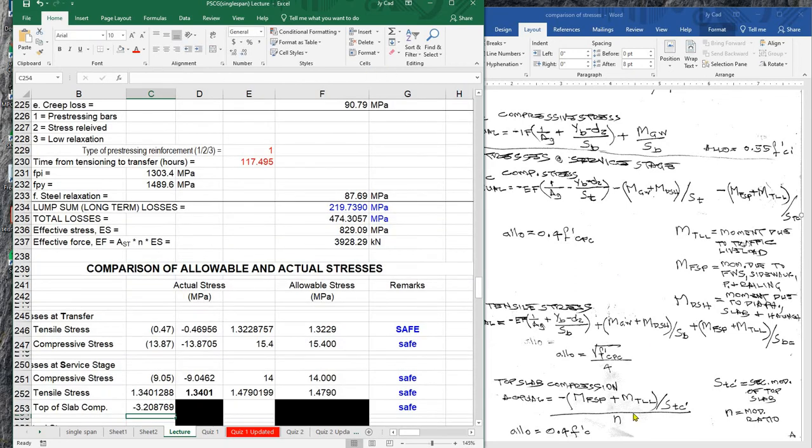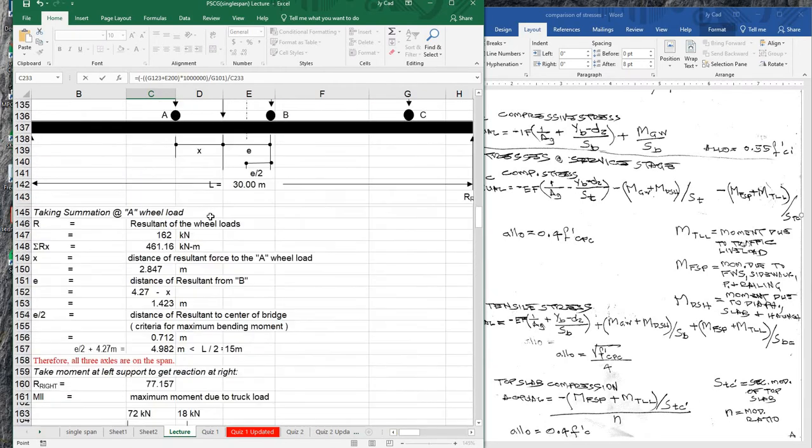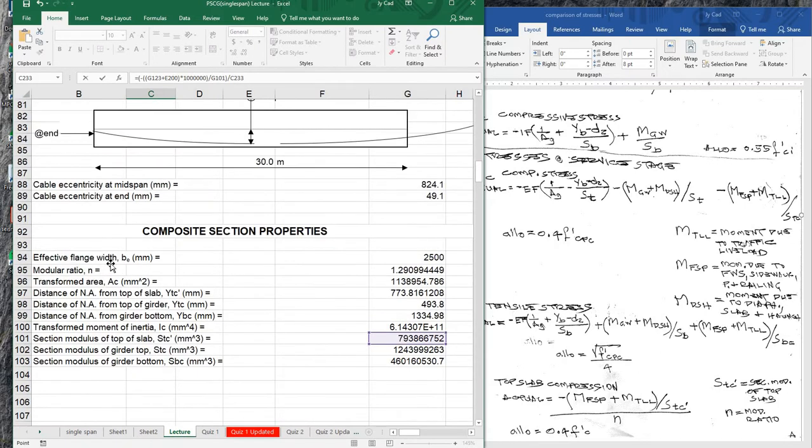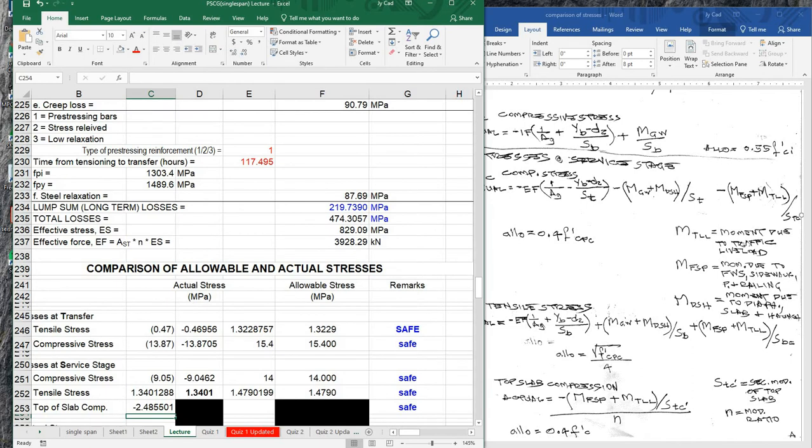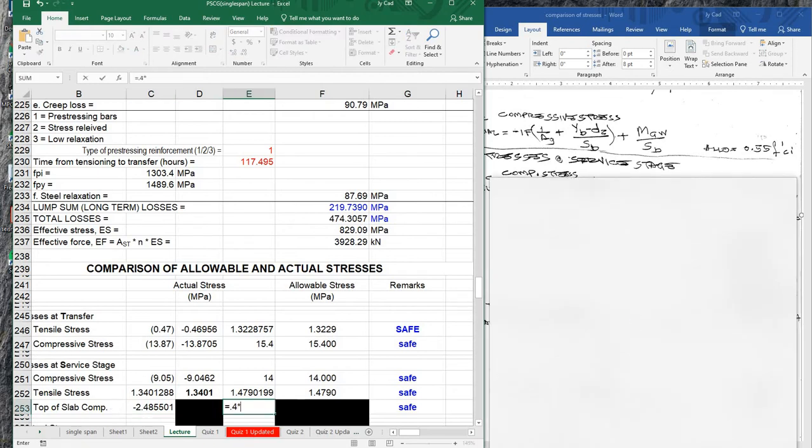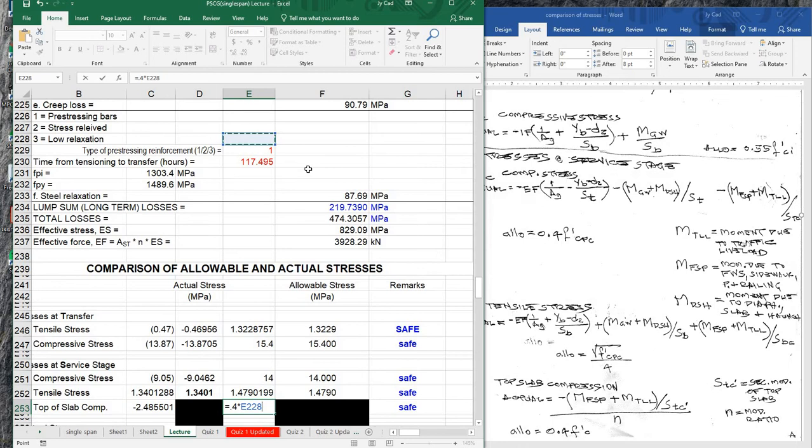Next is divided by the modular ratio. Okay, so ang gagawin ko ngayon, i-parenthesis ko lahat yan. Divided by modular ratio, nandun yan sa composite properties. Ito, N. And you have negative 2.48. Tapos, 0.4 F prime C equal to 0.4 times F prime C, nandun yan sa taas.